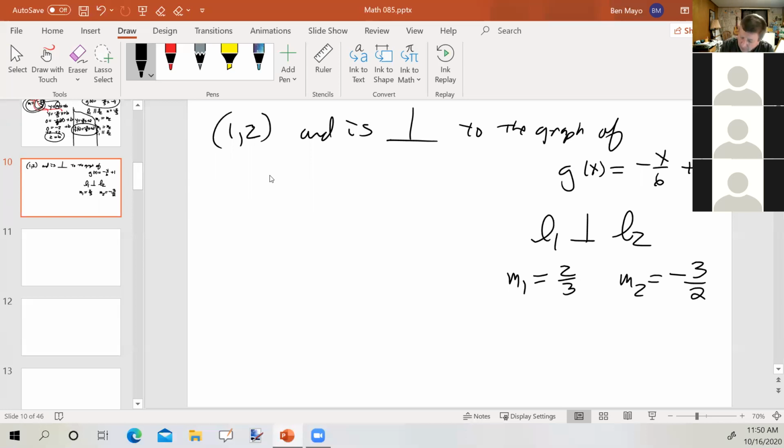Now, let's take our g of x. What is the slope of g of x? Would it be negative 1/6? Correct, negative 1/6. So what would the slope that's perpendicular be?